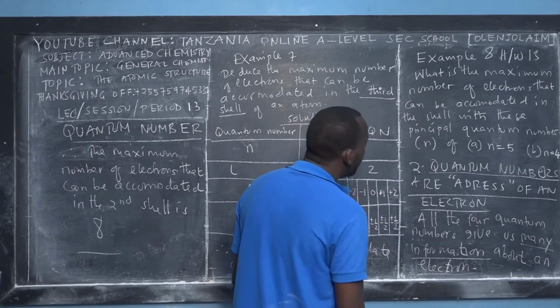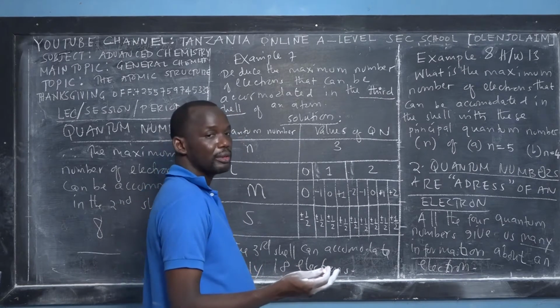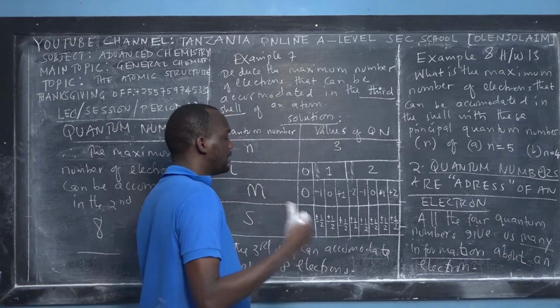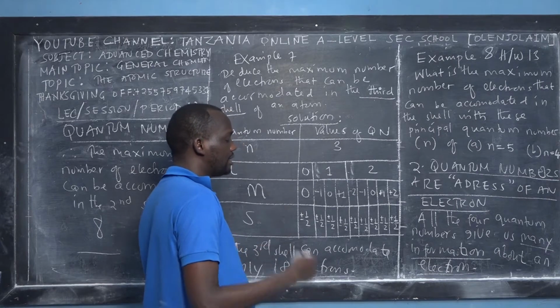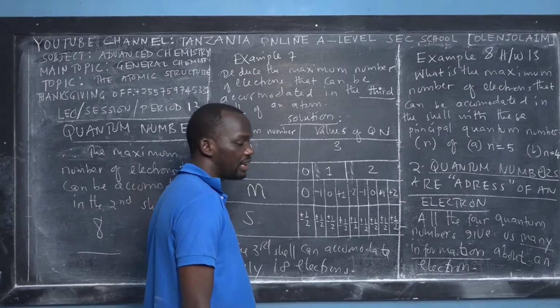So we say that all the four quantum numbers, principal quantum number, subsidiary quantum number, spin quantum number, magnetic quantum number, give us many informations about an electron.